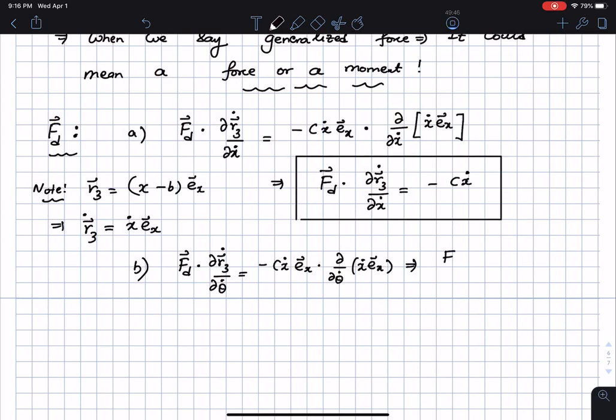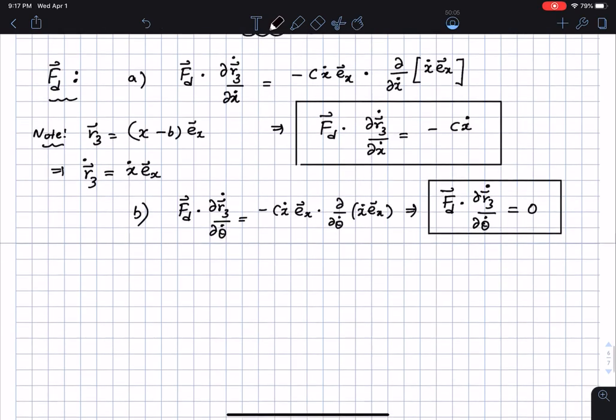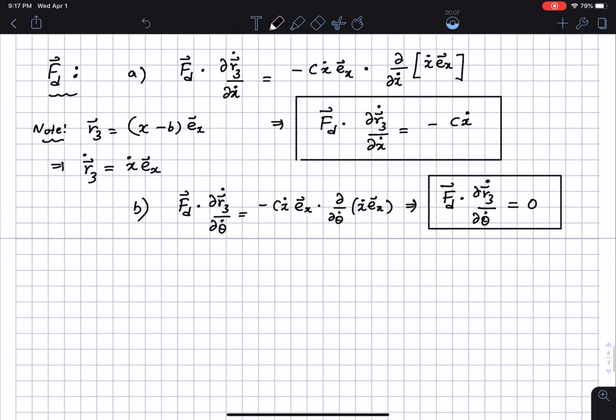So Fd dotted with dr3 dot by d theta dot is 0. Okay, this was expected. The damping force is going to affect only the motion of the cart. Of course, the motion of the cart directly has an impact on the motion of the pendulum, so there is only an indirect consequence. And then we come to the kinetic friction force.